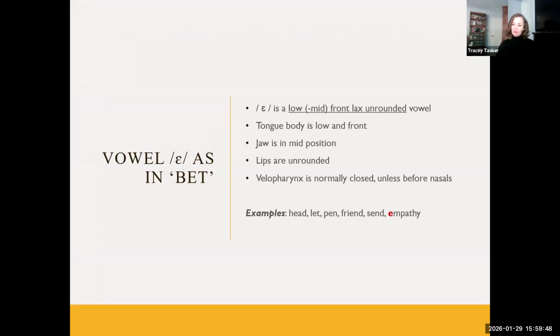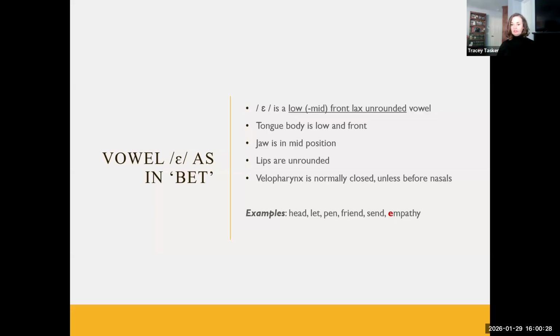Okay, next one we're going to talk about is eh. Eh is low mid front. This is a lax vowel, and it's unrounded. You can see my lips are not rounded when I make it. The tongue body is low. This can get very confusing, so it's helpful to have the vowel quadrilateral out in front of you as you go through this. Even though it's a front vowel, it's made low. Your tongue is low in the mouth, and your jaw is in mid position.